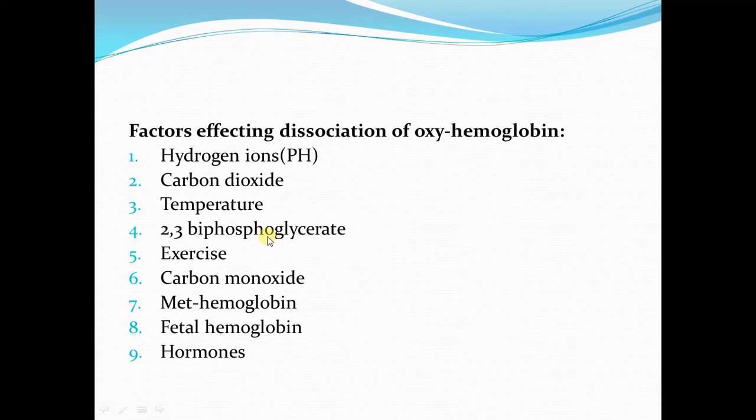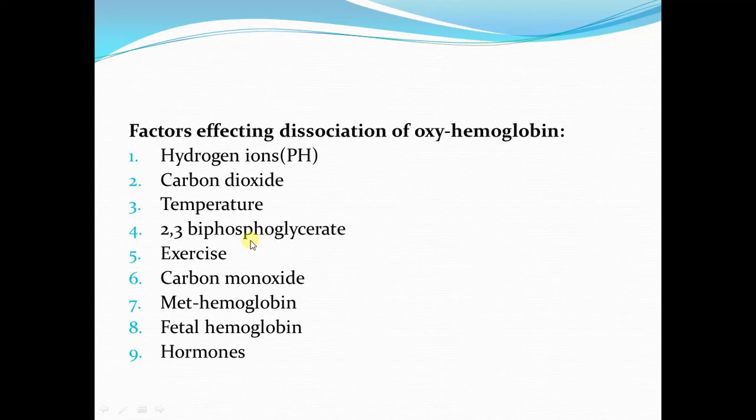So more binding affinity of hemoglobin for oxygen enables the fetus to extract oxygen from the maternal blood, or we can say that oxygen transport across the placenta is facilitated because of this reason. So this was about the 2,3-BPG.